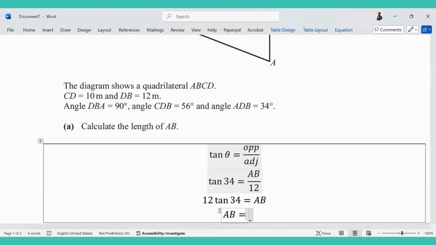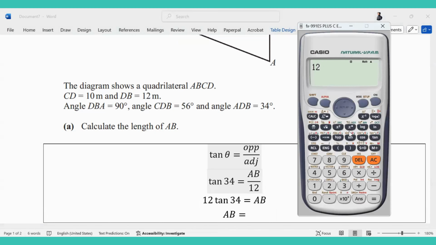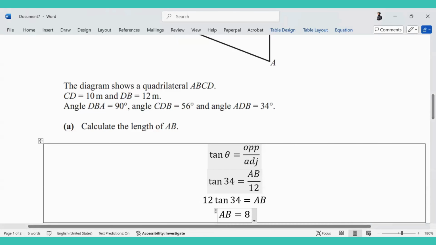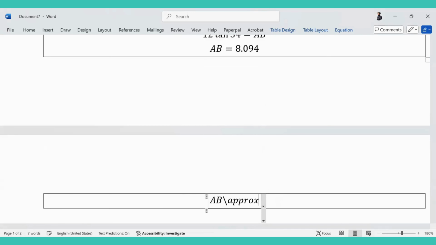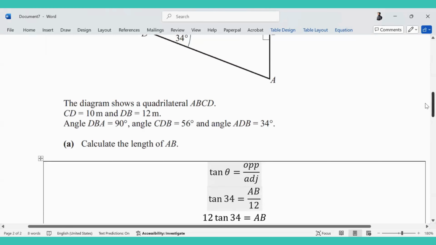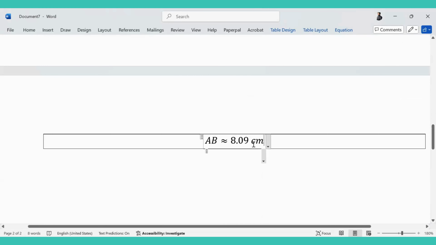Now you can use your calculators to find this value. It is 12 tan 34. And you get your value of AB, 8.094, rounding it off to three significant figures, 8.09 meters.